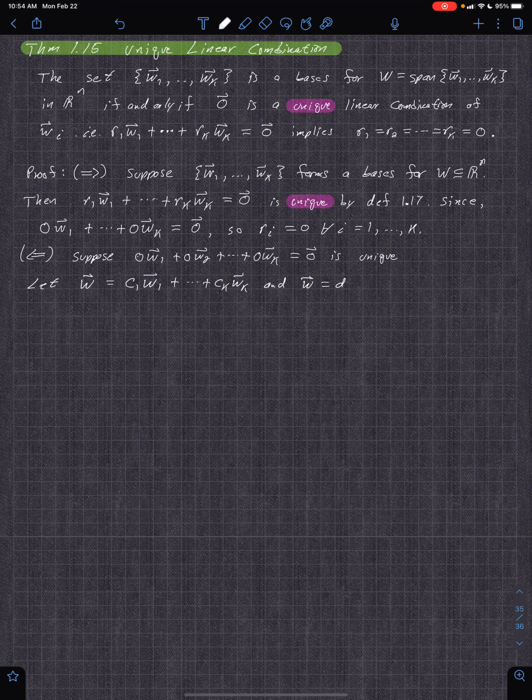We'll use d1w1 to dkwk. These are two different representations for w in W, for the vector w in the set W, which is a subset of Rn.